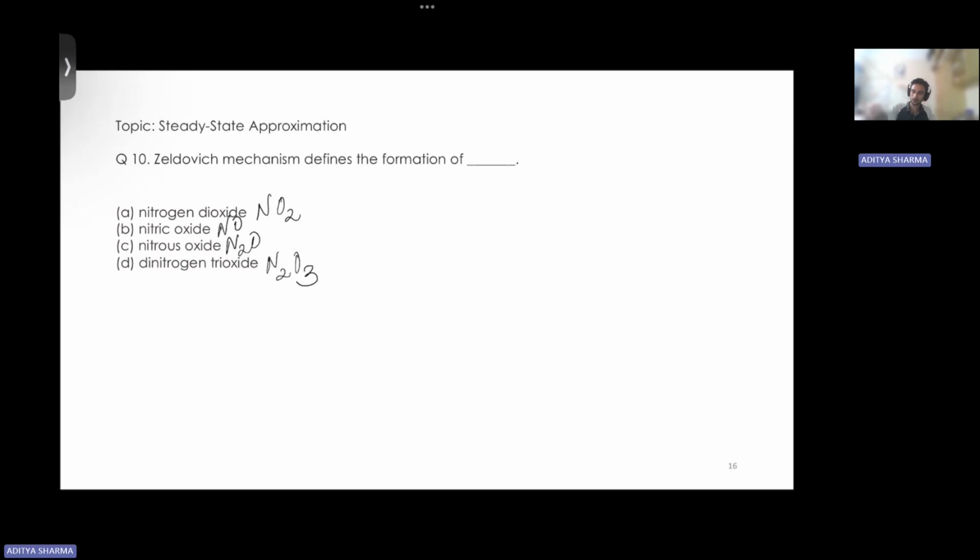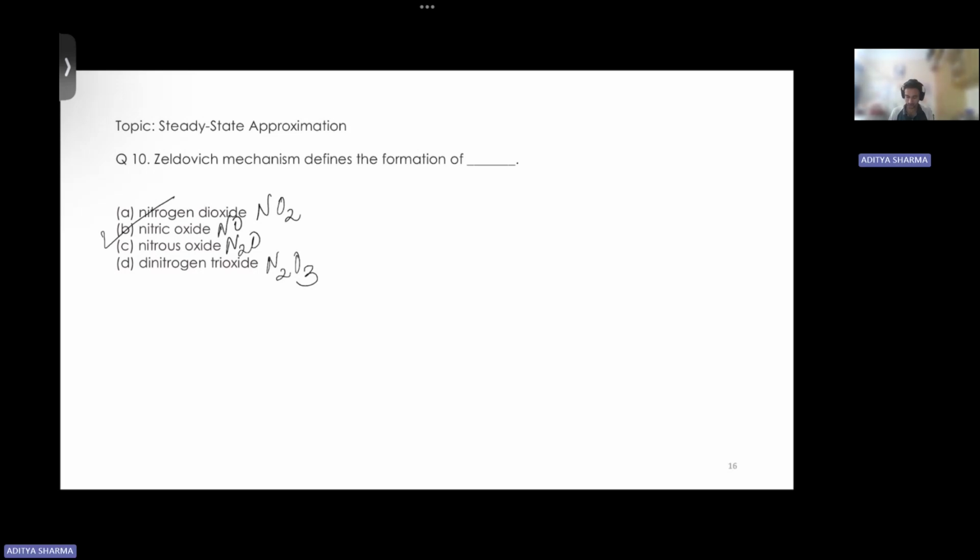Now it will be easy to answer this question. So the Zeldovich mechanism is used to define the formation of nitric oxide. Okay, B option.